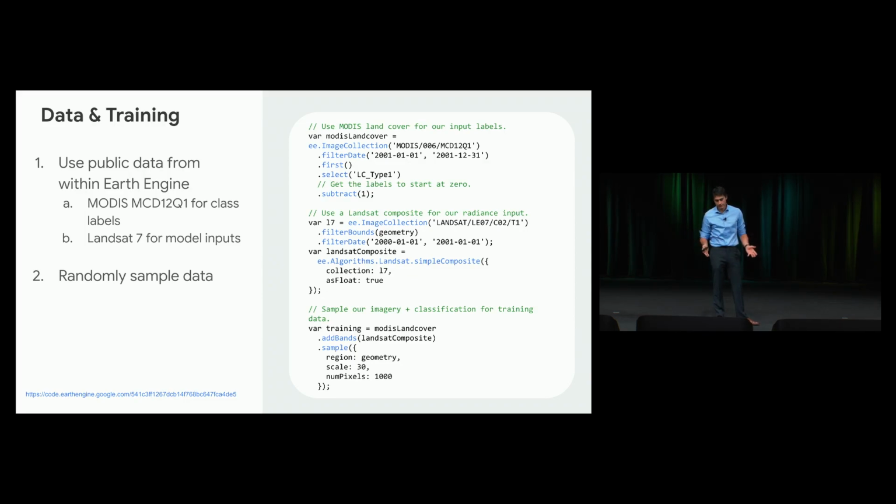We do a little bit of filtering. We have our Landsat imagery, do some filtering, and combine it. At one point, we're making a composite because we want some cloud-free imagery. You probably would want to be a little more thoughtful about how you build a composite for your training data, but for this example, we're just going to use the off-the-shelf simple composite algorithm. And you sample your data.